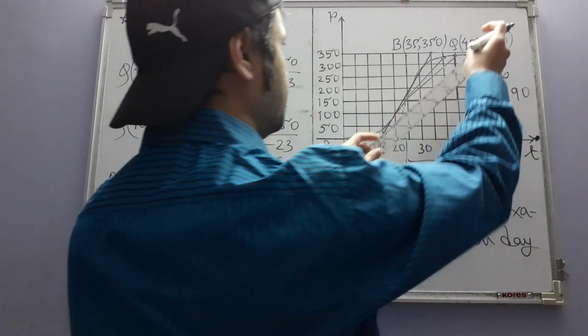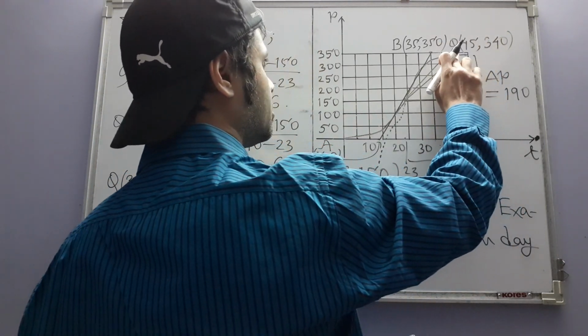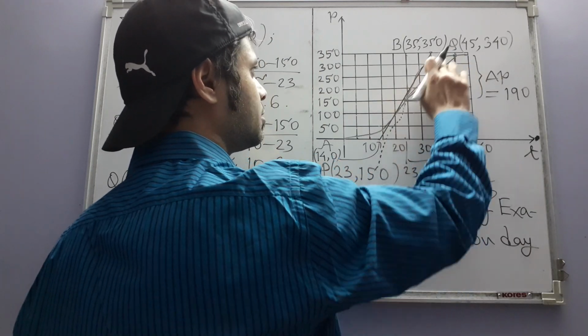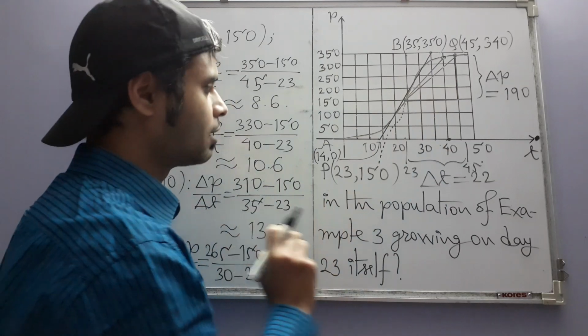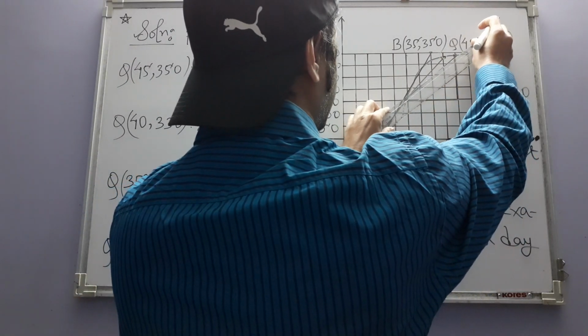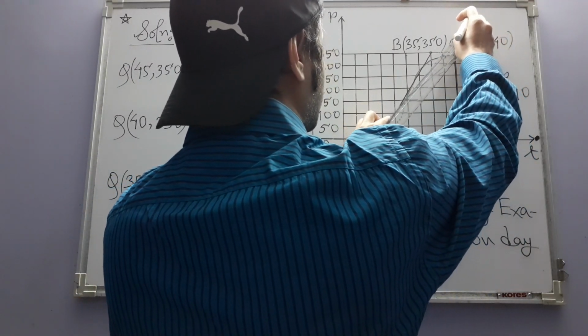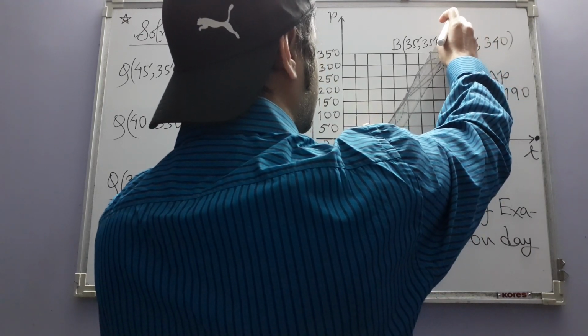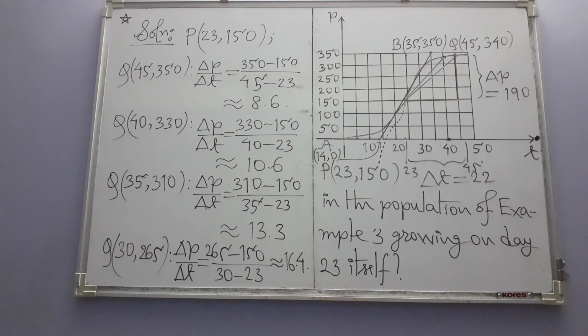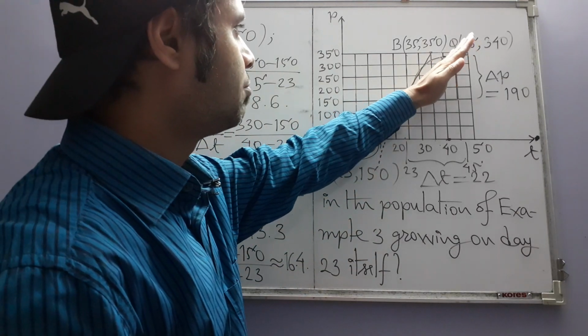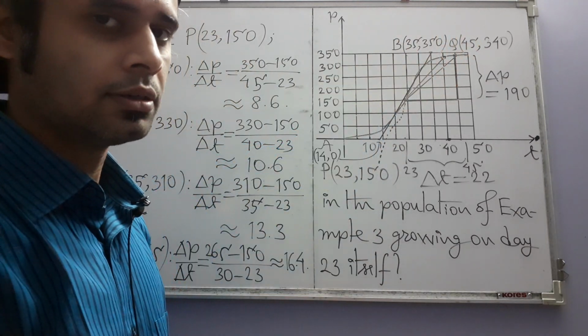because as you make your Q closer and closer to 23, the point Q keeps moving towards P while always being on the curve, and correspondingly the secant line also moves like this, and in the limiting case it will coincide with the tangent.